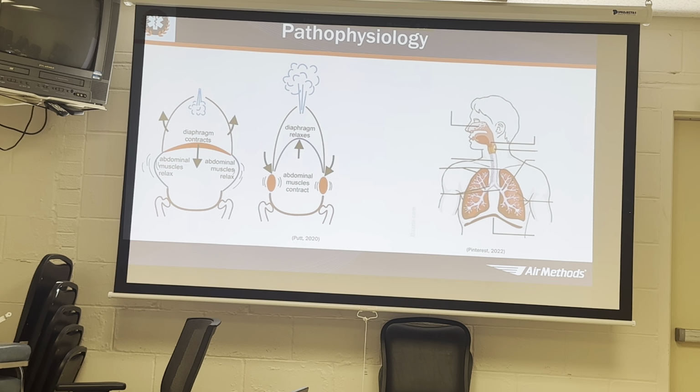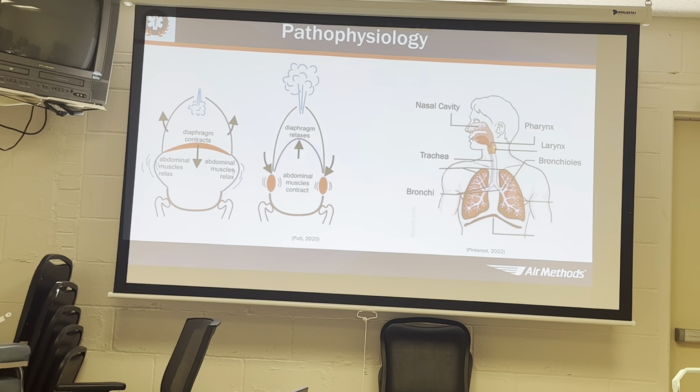When we put somebody on a ventilator, now we're forcing air into them, and they're passively exhaling. So we're completely flipping this, using muscles to inhale and exhale in one case, and the reverse when we put them on the ventilator. So we are changing how these patients are breathing, and we get a lot of negative feedback from that, which we'll talk about in a little bit.